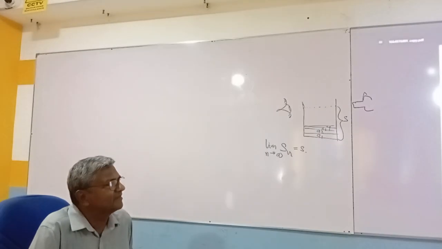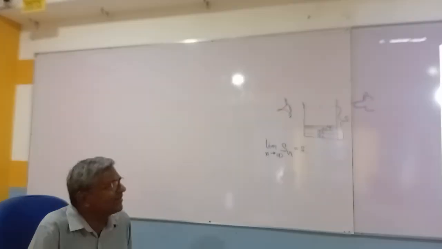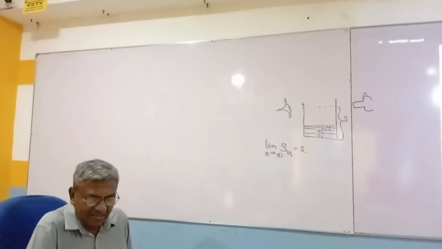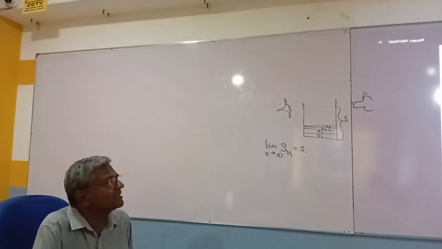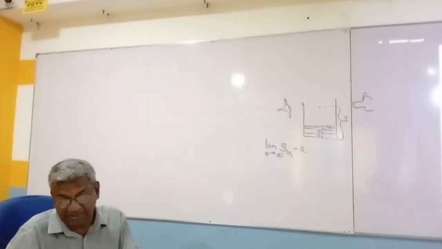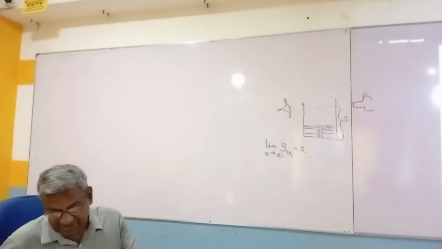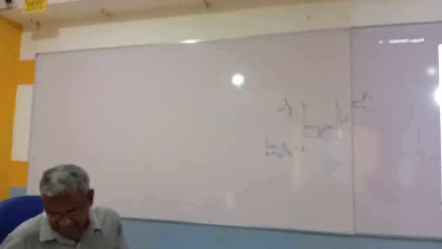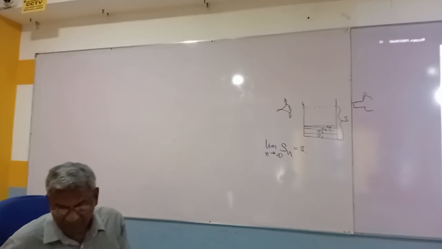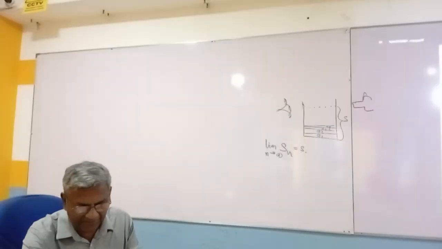I am telling you again and again, it's not really a sum. As a result, some amazing things are expected from the sum of an infinite series, so we need to be very careful.